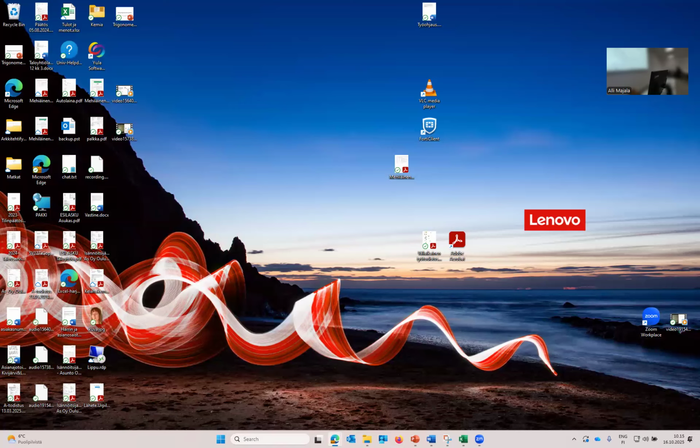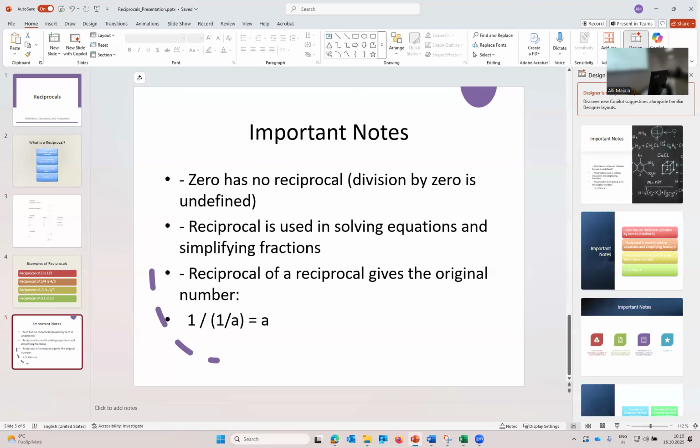When you have the root, addition and subtraction must be calculated before taking the root. So if there is some addition or subtraction here, you have to do that before the root. But if there's multiplication or division, then you can take the root from there. Then something else, what theory we should still know.